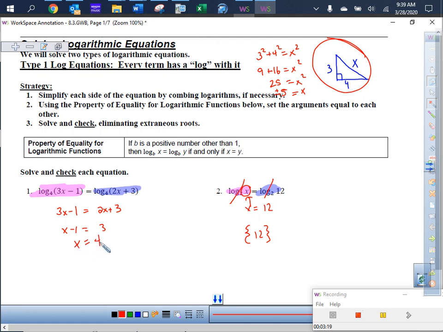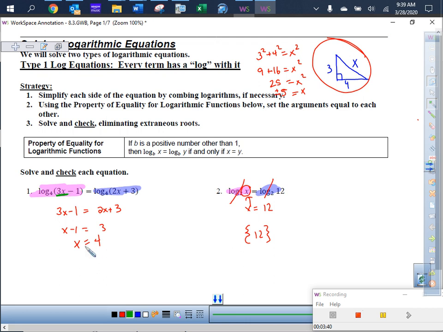But I must go back and check into the original problem to see if the argument comes out positive. And we don't require that you show any work on this whatsoever. We just need to check to see if that's going to happen. So it doesn't really matter which one you go into first. They just have to come out positive. So if I put 4 in for x, I could mentally do this. That would give me a 12 minus 1, which is positive.